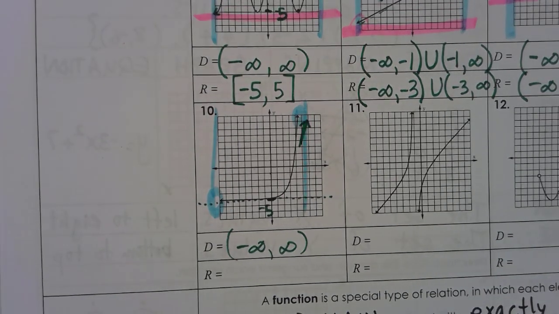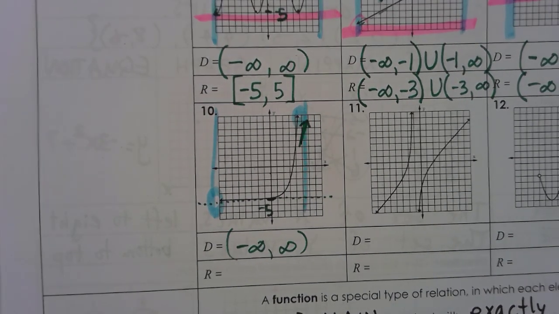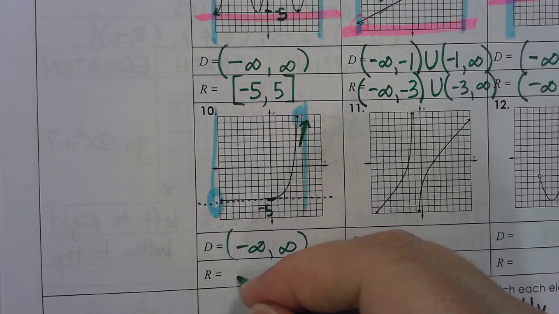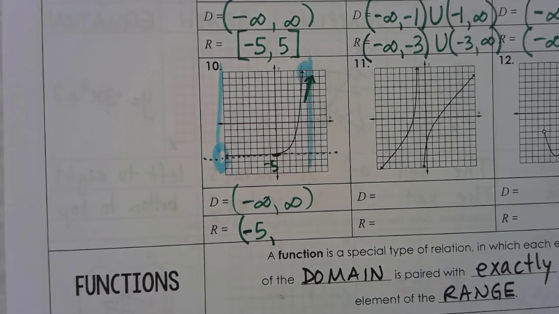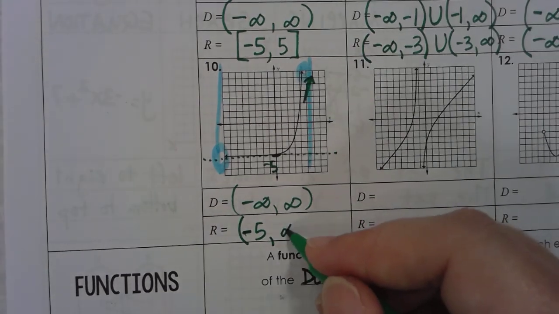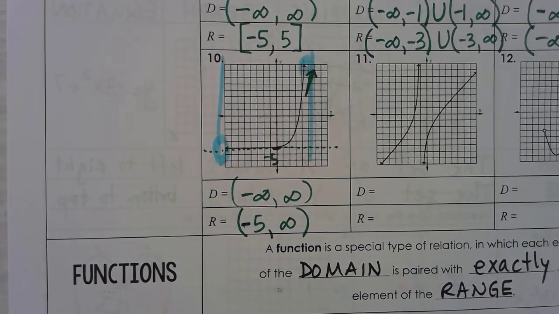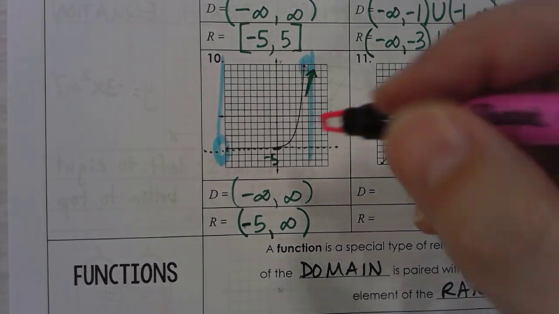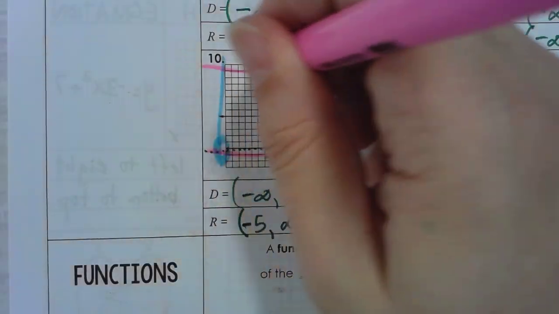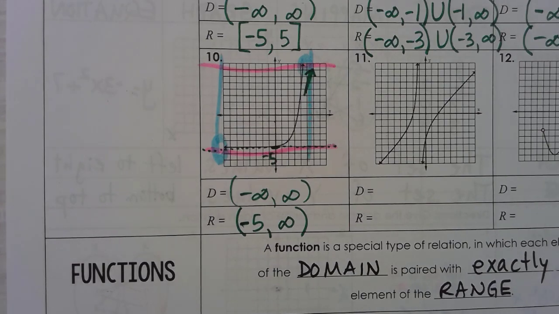So if there's a dotted line there, is it going to touch the negative 5? No. So it's going to start at negative 5, but it's going to be a parenthesis because it's just going to get really, really close, but never actually touch it. And then it goes up forever and ever to positive infinity. Okay, and again, if highlighting is your friend, you're good with that.